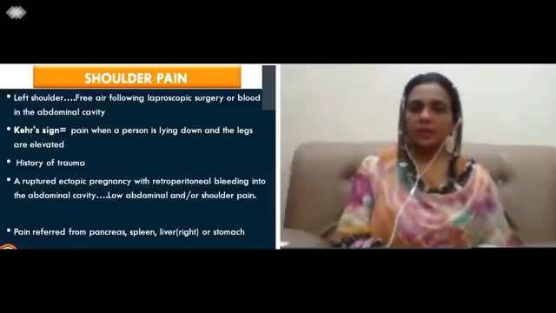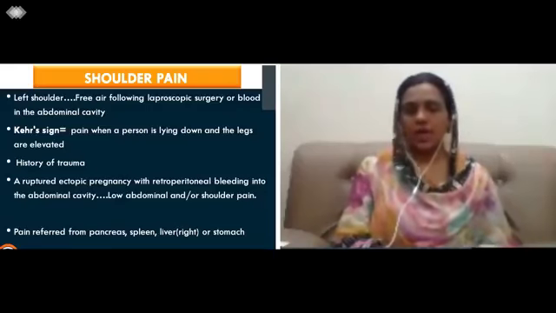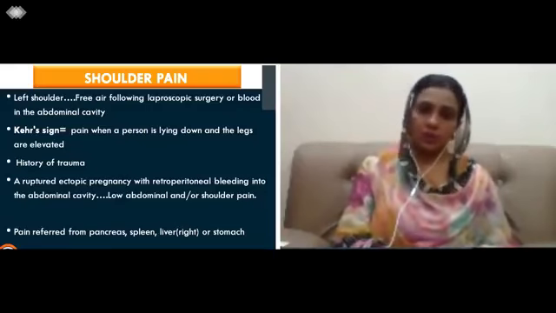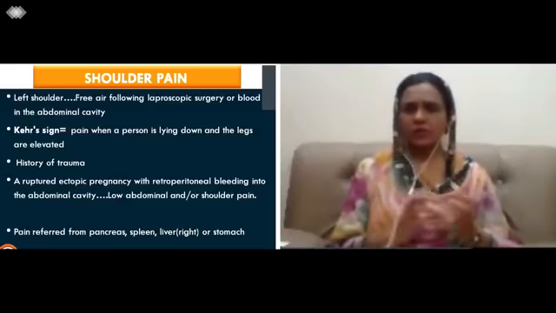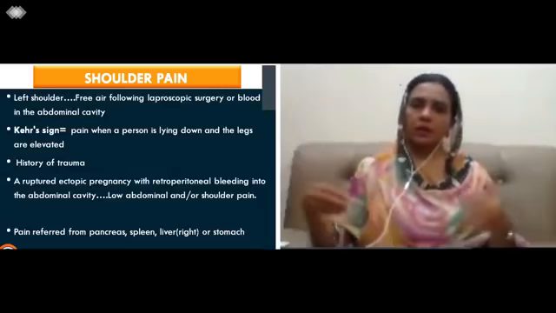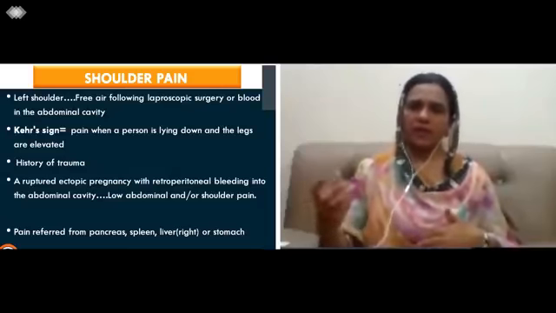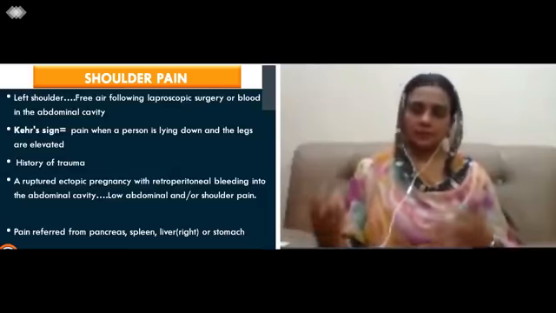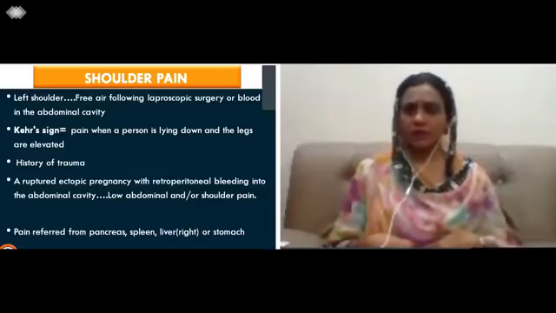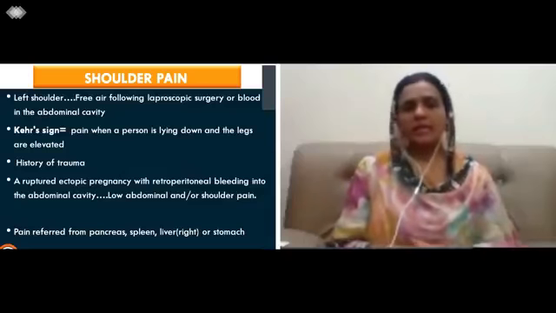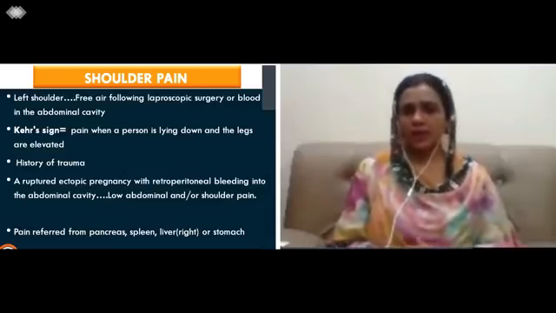So to screen for trauma as a source of your retroperitoneal bleeding, you need to investigate about the history of trauma. Any trauma or any blunt thing during games or during accident, or even sometimes minor trauma which has hit your abdominal cavity, something hard, it can lead to some kind of rupture there.